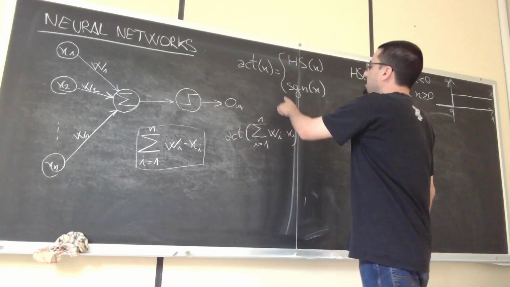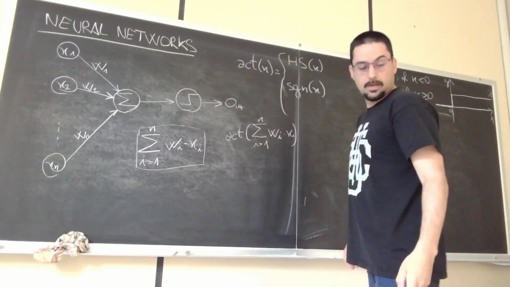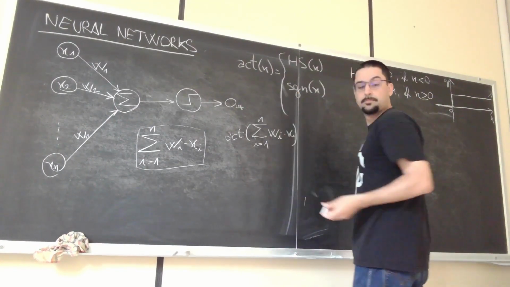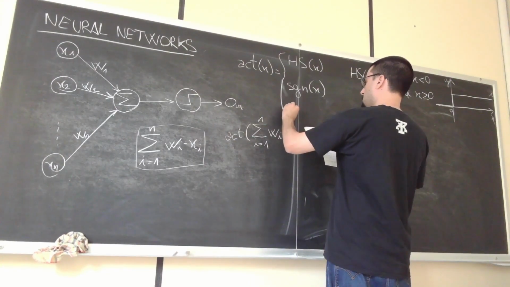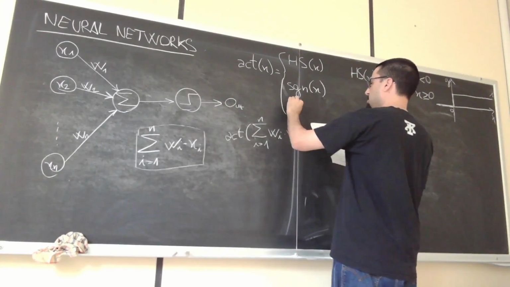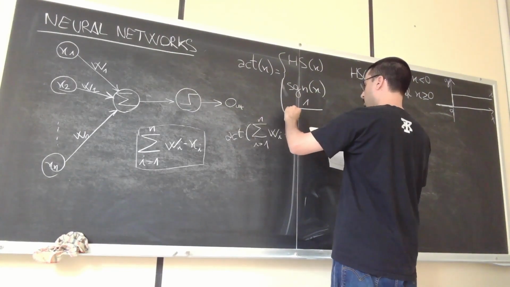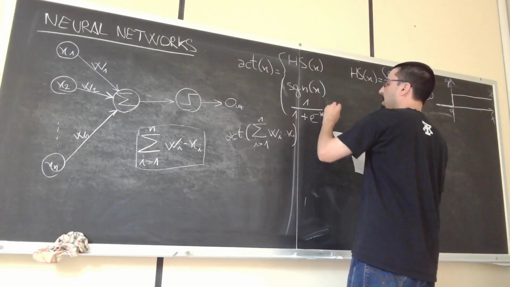And then there are other activation functions that we will see later. For example, the logistic function, that is this one. Let's just put the algebraic expression: 1 over 1 plus e to the minus x.